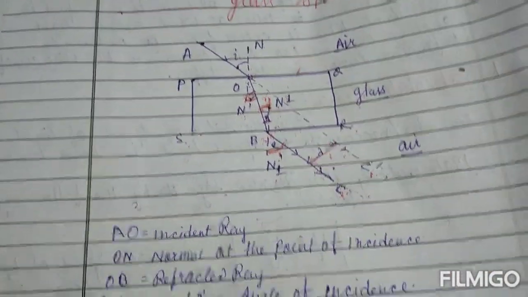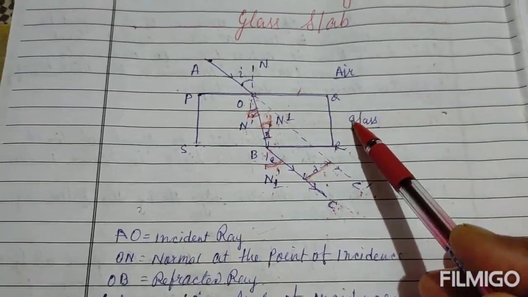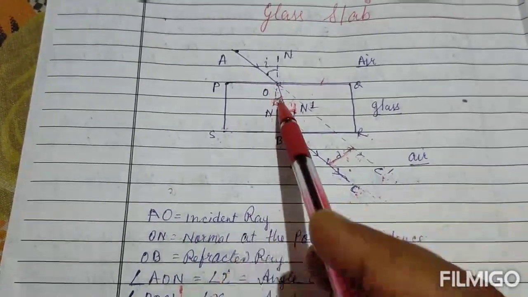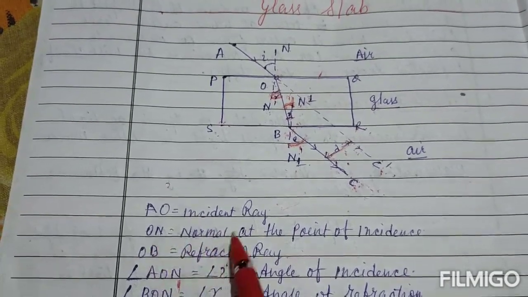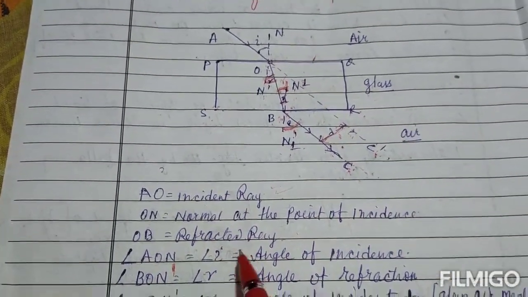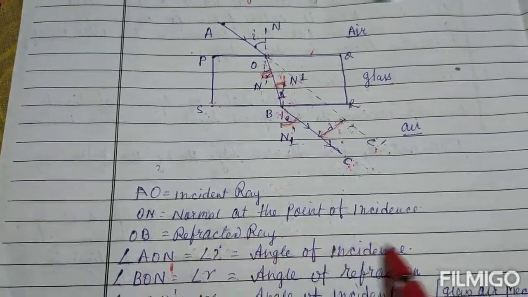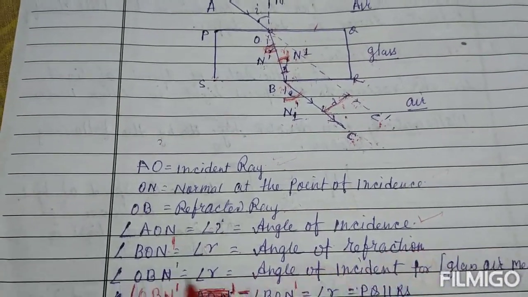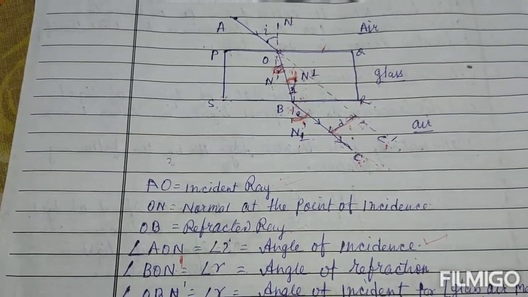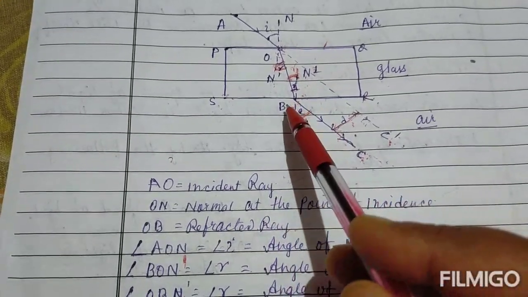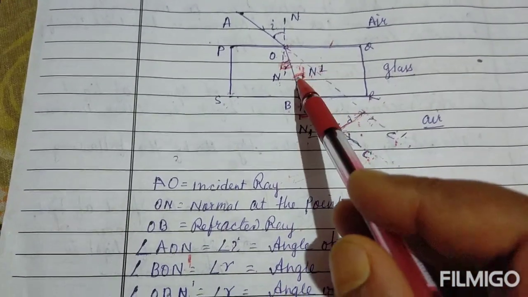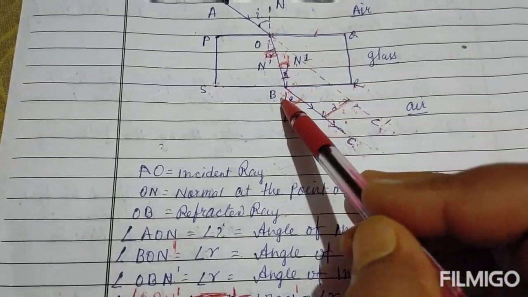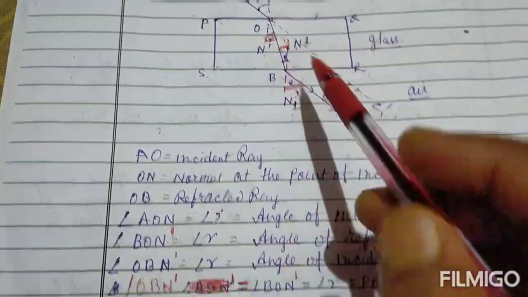Some important terms regarding the refraction of light through glass slab I have written here. AO is the incident ray, ON is the normal, OB is the refracted ray, AON, that is angle I, is the angle of incidence, BON dash, that is angle R, is the angle of refraction, and OBN1, this angle, and BON dash, this angle, will be equal.